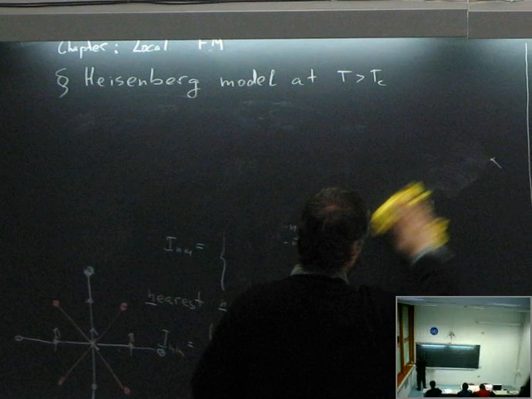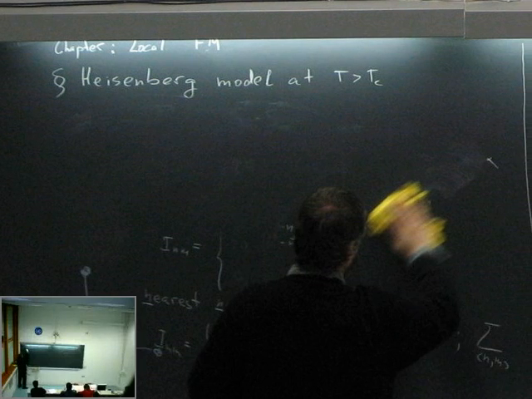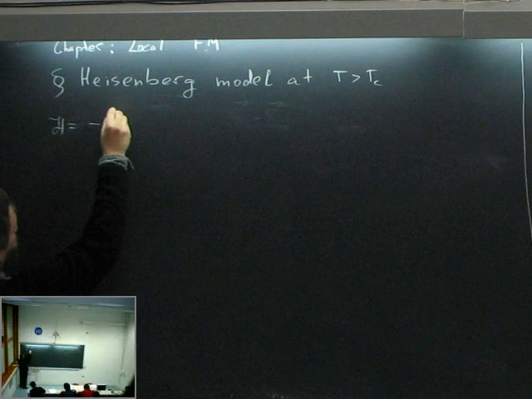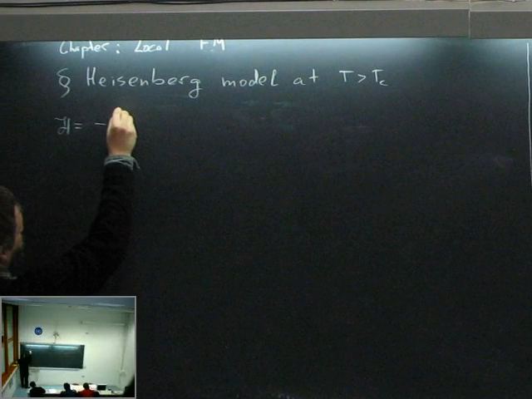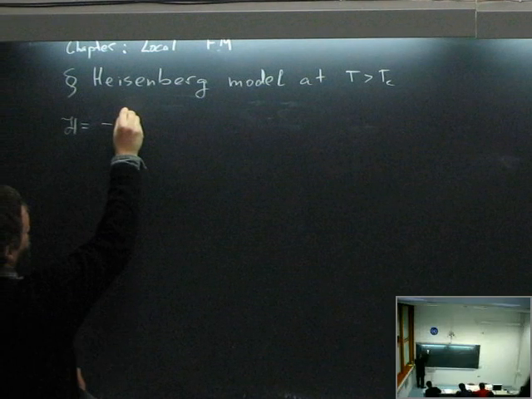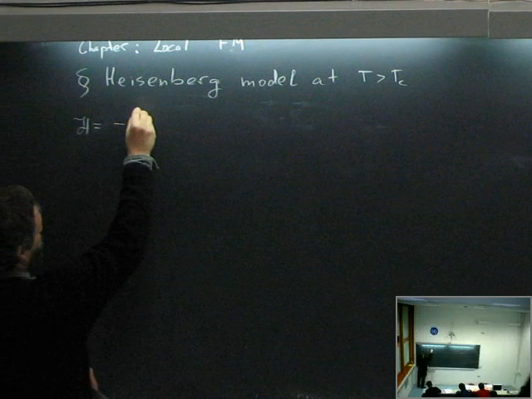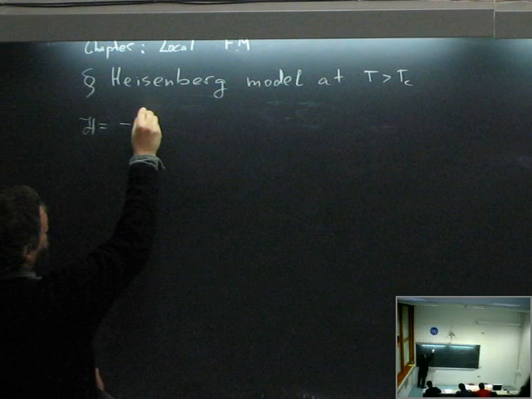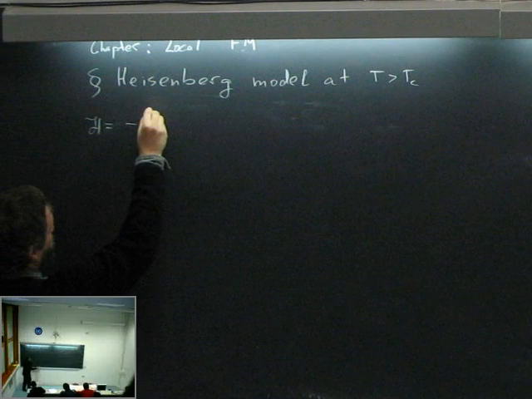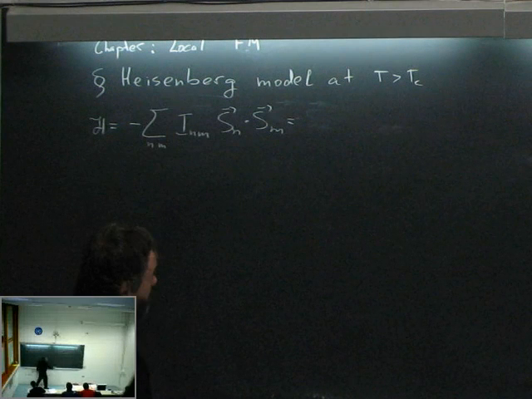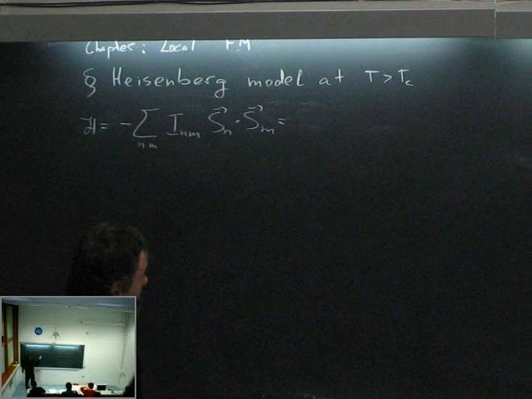So, we have our Hamiltonian. Suppose first we don't have a magnetic field. It's the sum over n, m of I_nm S_n dot S_m. We take this one and plug it into the formula.